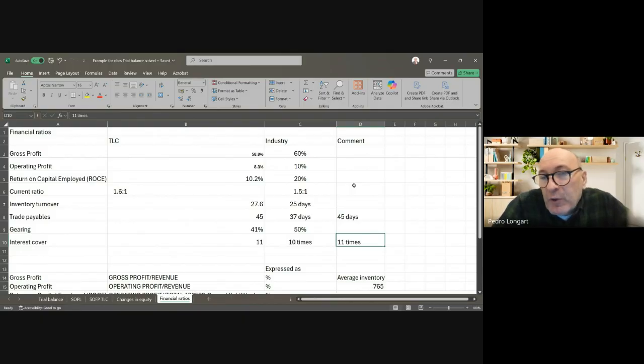But of course, you have to consider whether to go with the industry, which is 37 days, or to stay with 45 days. Gearing, as I said, is more prudent than the industry. That is not bad or better, but it's very close to the industry, not a matter of concern. The interest cover is 11 times, so very close to 10 times, you can comfortably pay your interest, okay? It is said that it shouldn't be less than 5 times, so you're comfortable here as well.